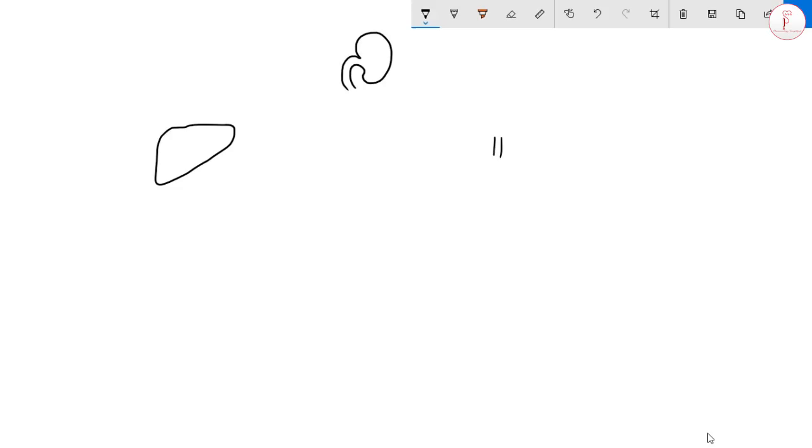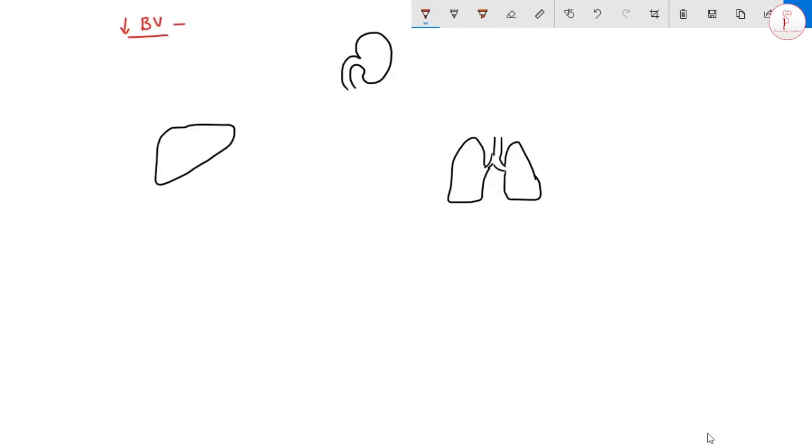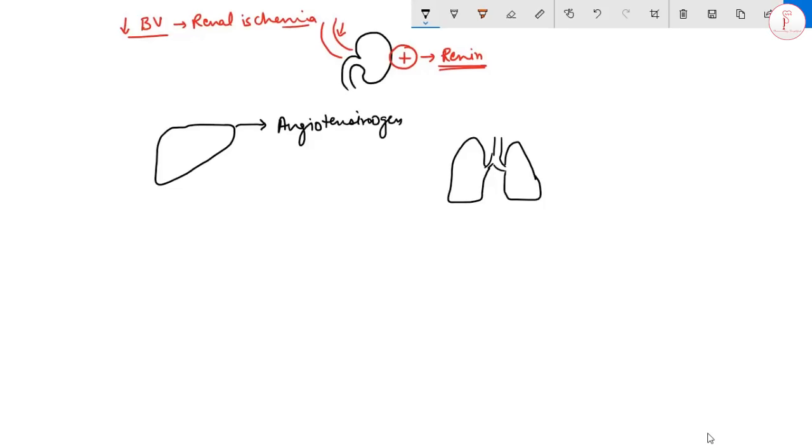So we have kidney, we have our liver, and lungs will be playing a role in this. Whenever there is decreased blood volume, this will lead to renal ischemia or underperfusion of the kidney. In response to this low blood volume, the kidneys release renin. Now the liver already releases angiotensinogen, which is inactive, and this angiotensinogen is acted upon by renin and converted into angiotensin 1, or we abbreviate it as AT1.